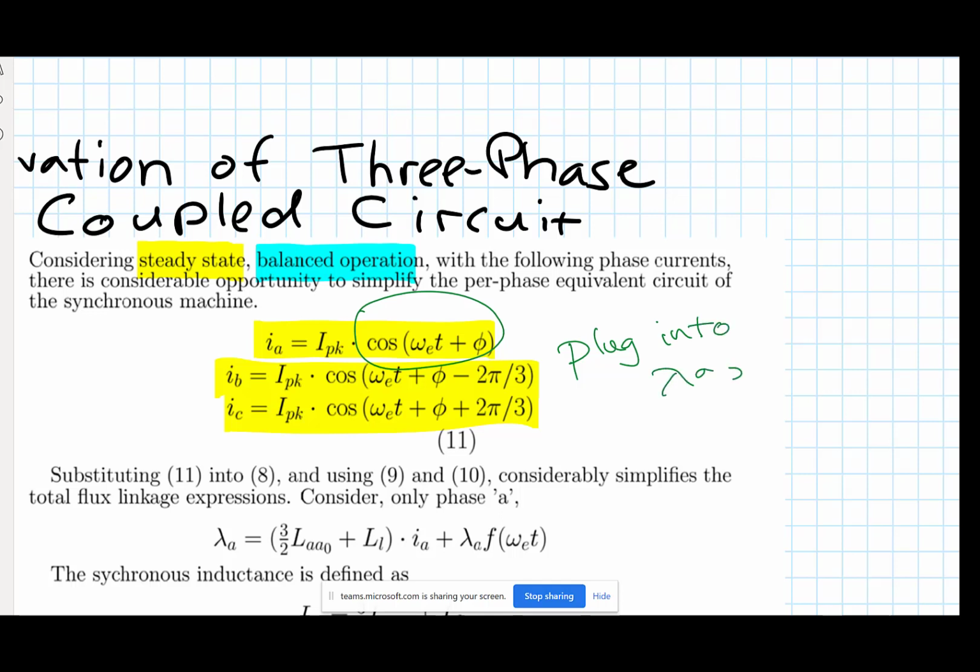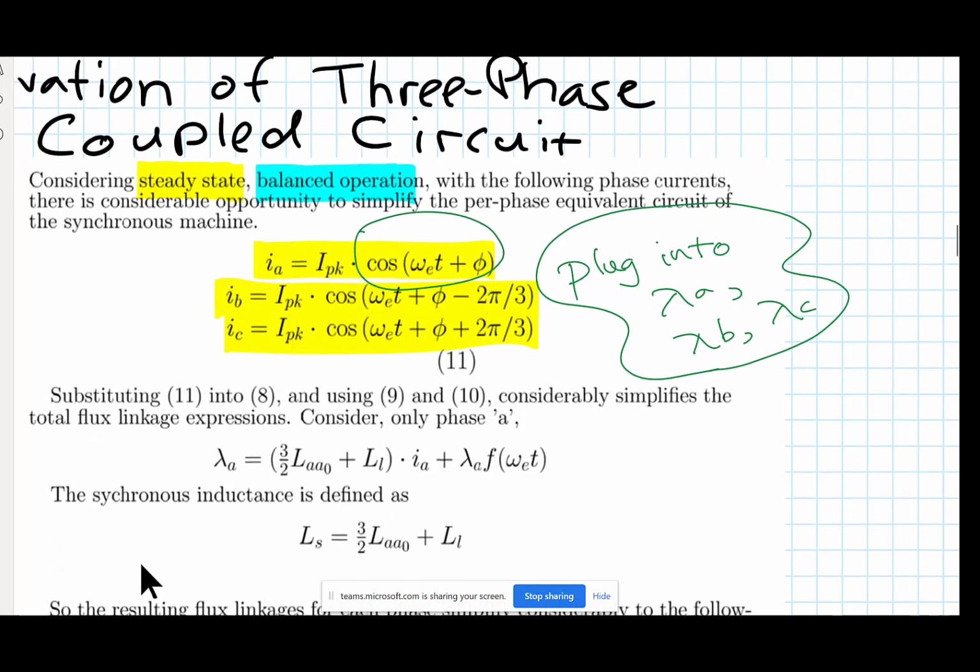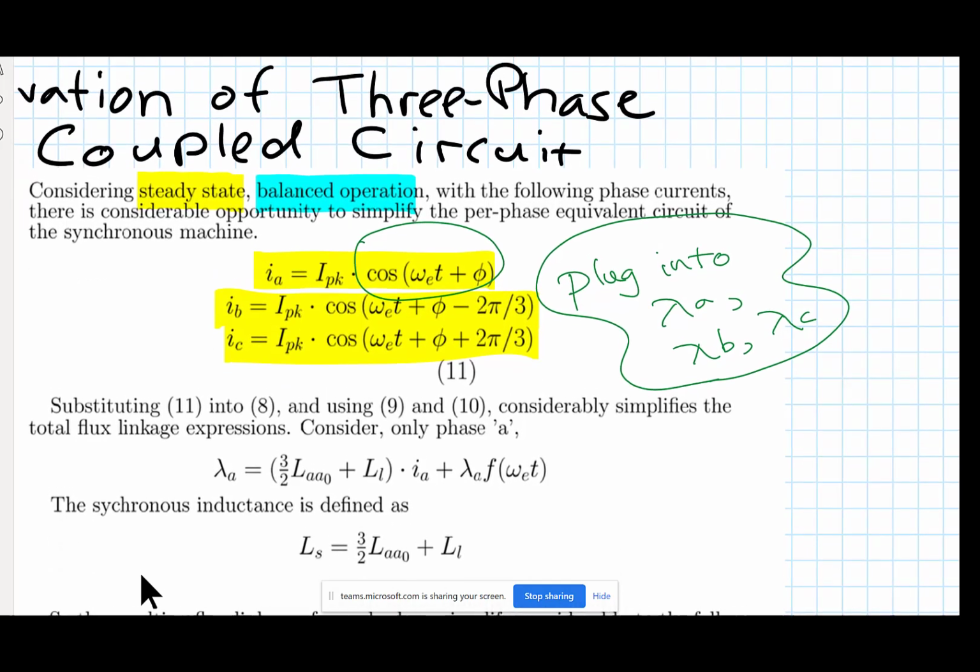If I plug these currents into lambda A, and you can also do lambda B and lambda C if you want, you end up with lambda A equal to this expression.